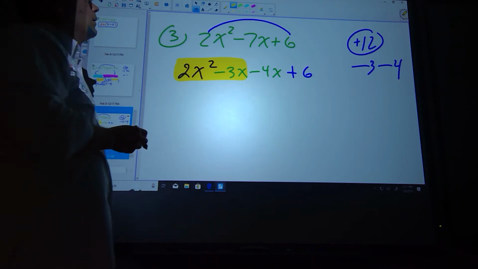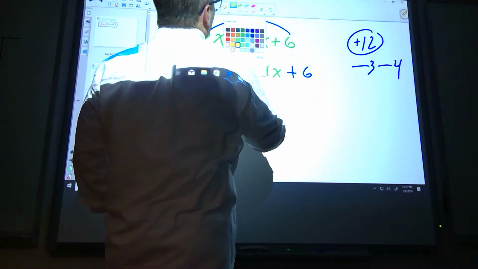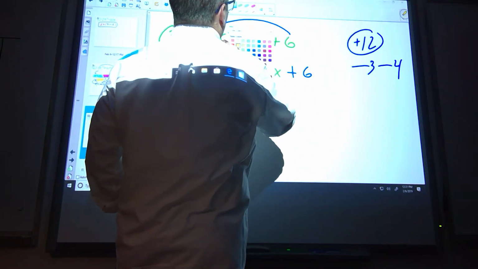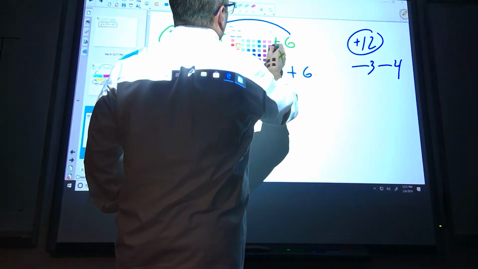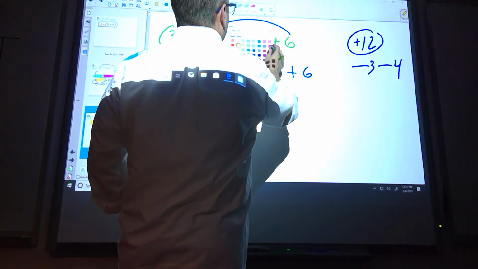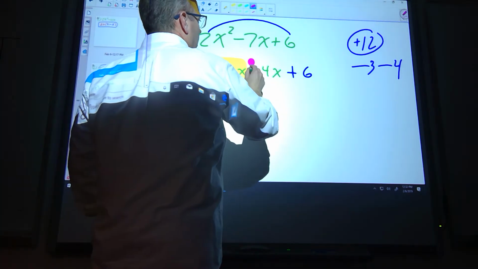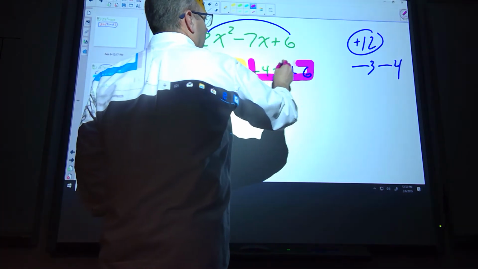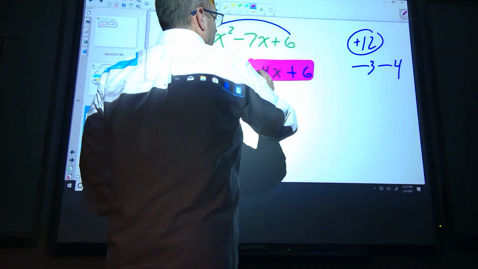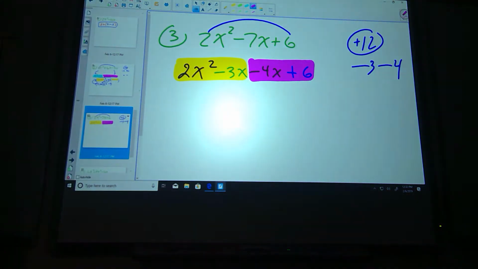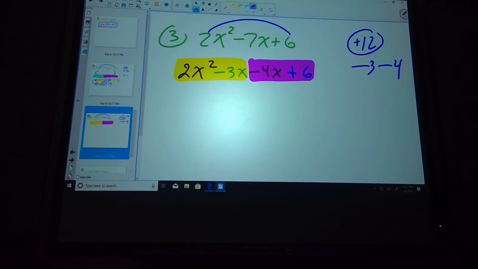Pink. Can you still see the numbers okay? Yes. Okay. So do you agree we have both yellow and pink up there?